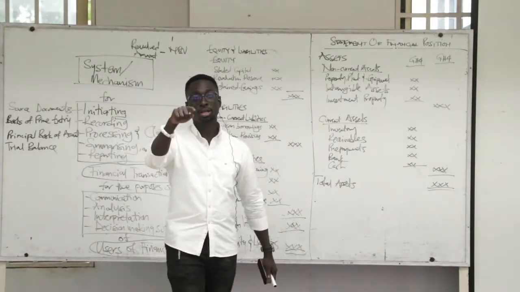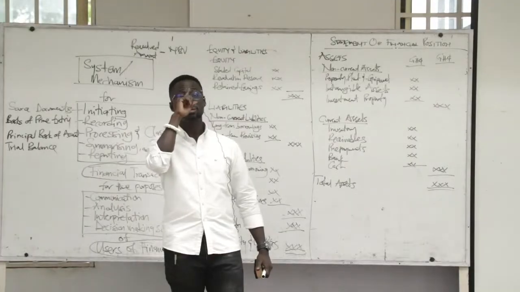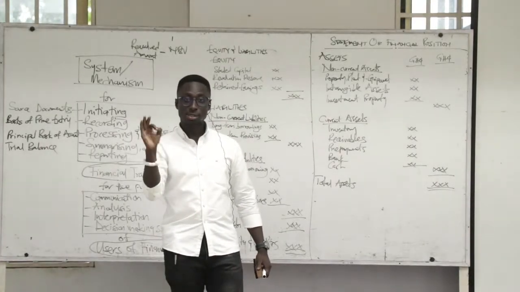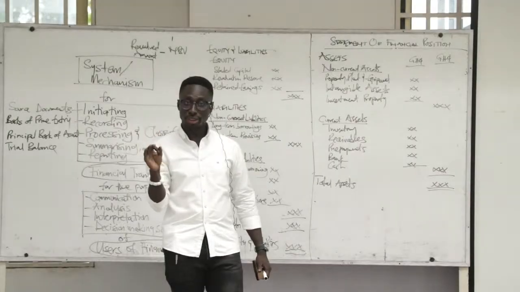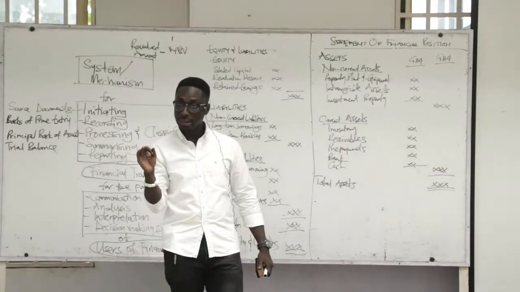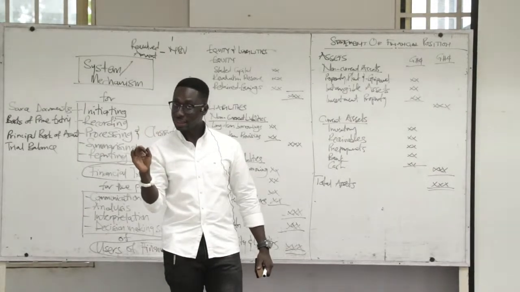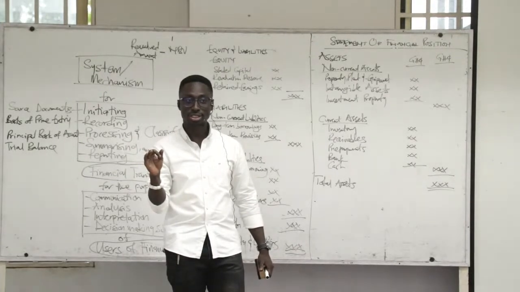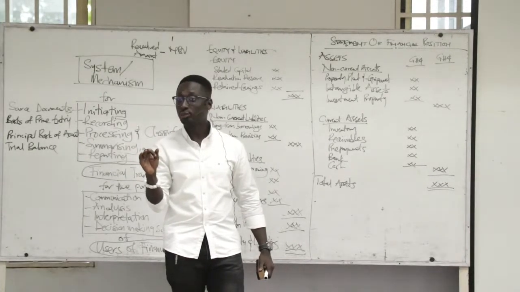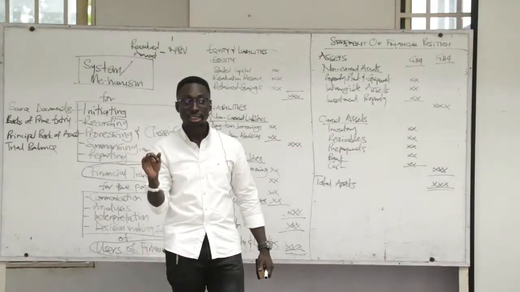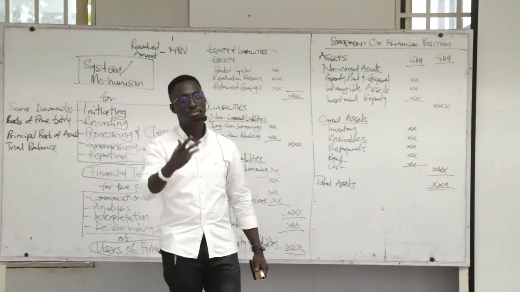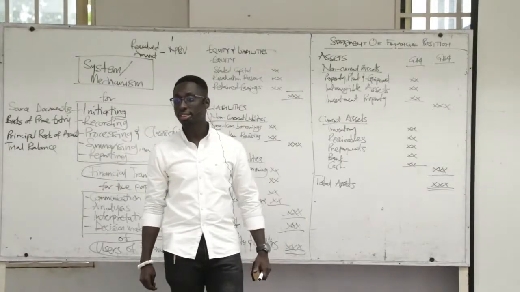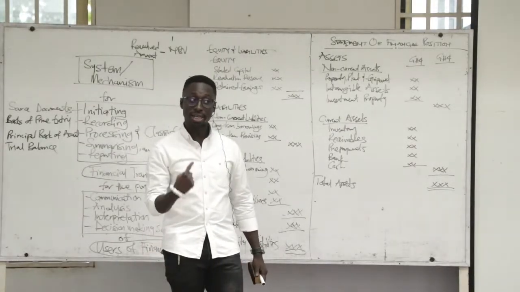In fact, when you read the Companies Act, it says that dividends are supposed to be paid out of what? You have not read. Is it retained earnings?